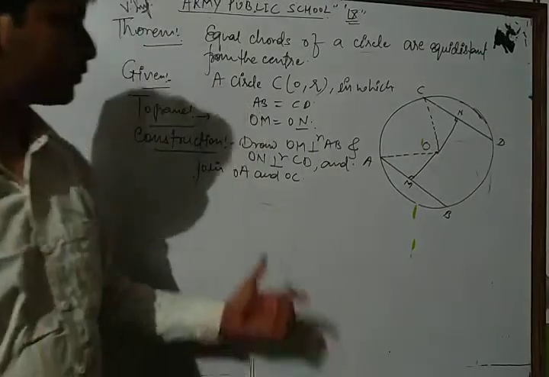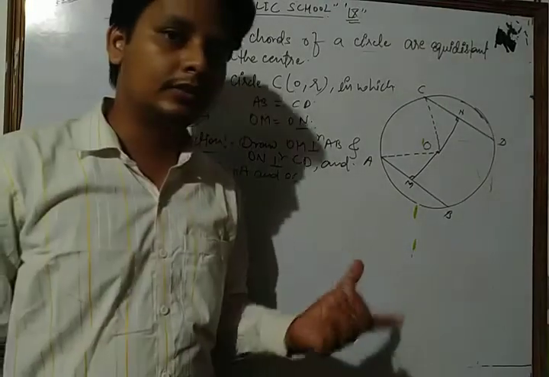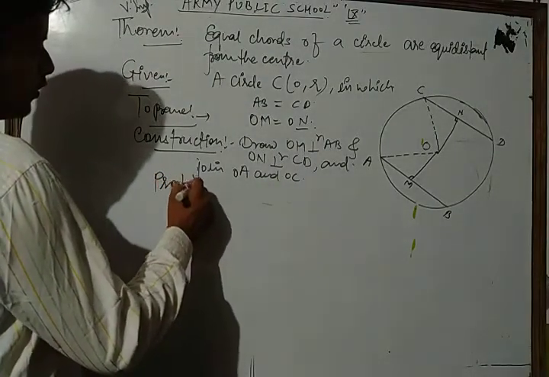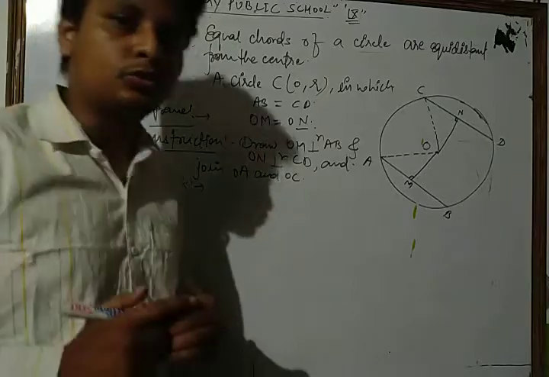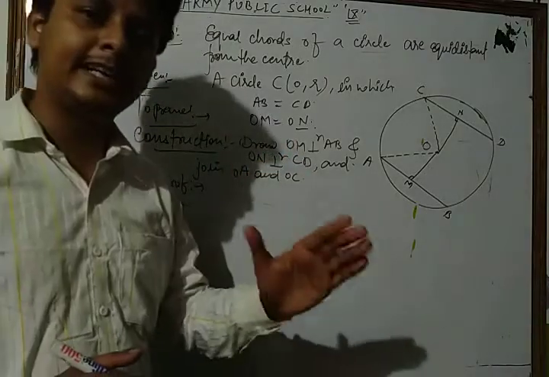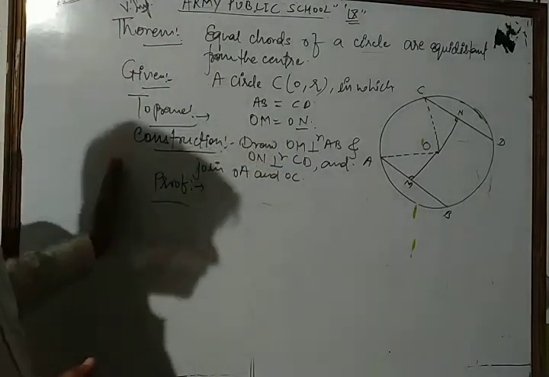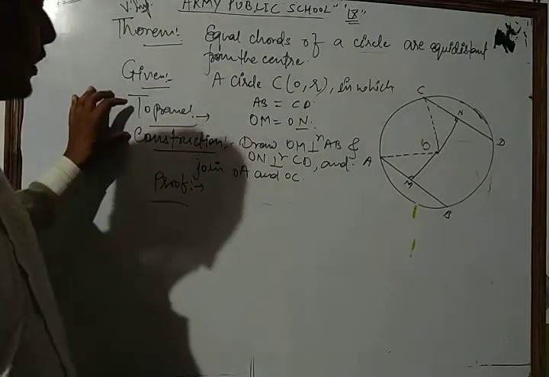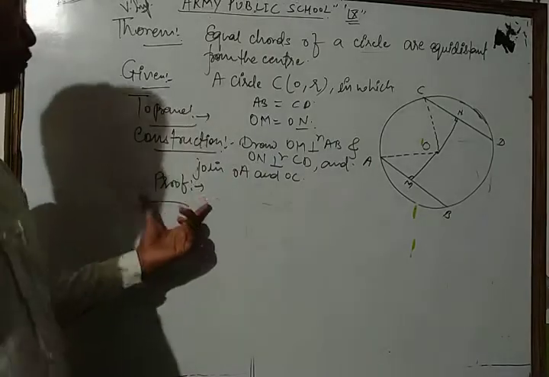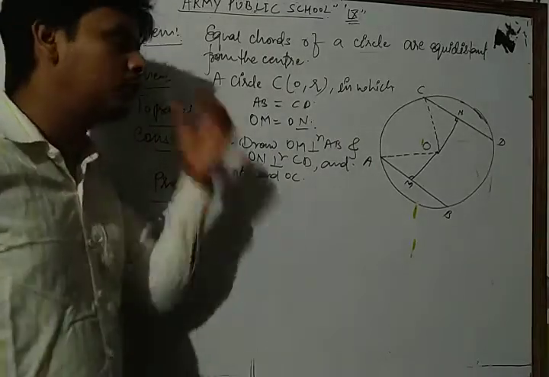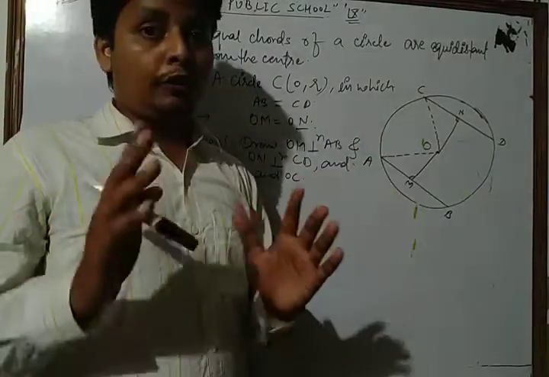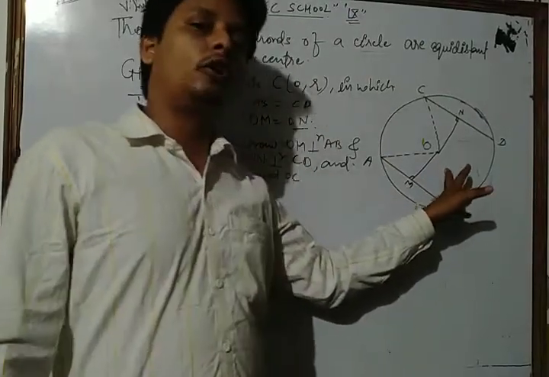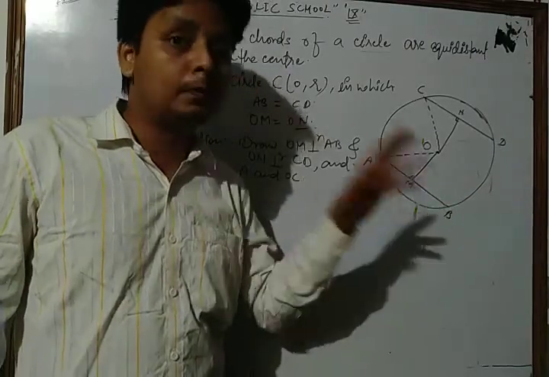Okay. Now dear students, what do we write as proof? In proving any type of theorem, you follow these steps. That is, first you write given, then you write to prove, then you write construction if any. Now you write what? Proof. Now let's see. We know that in the previous theorem we discussed that the perpendicular drawn from the center of the circle to the chord bisects the chord.